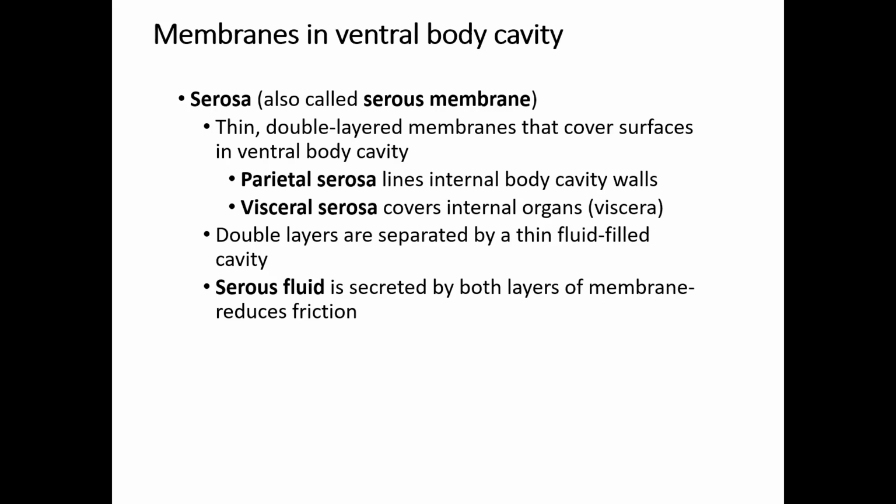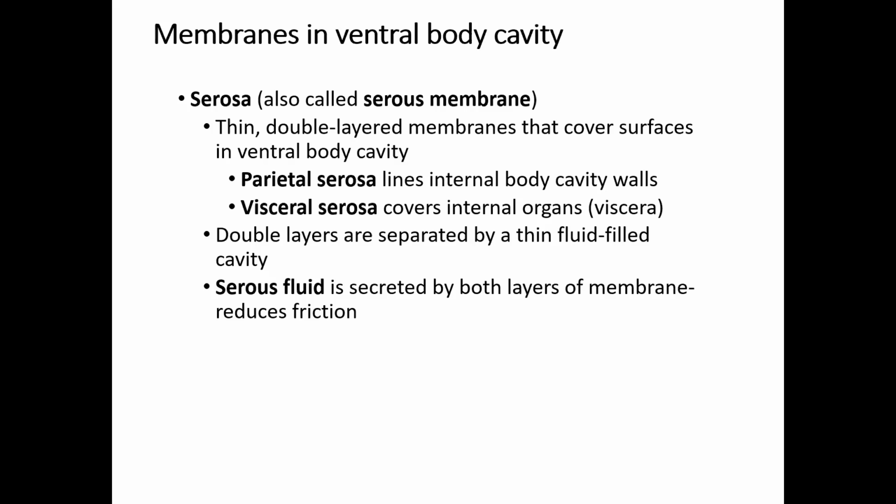Serous membrane cells look just like epithelial cells. They are probably stratified squamous. They are going to secrete a lot of fluid. They're going to have cells that look like goblet cells, only the fluid is serous fluid. We call these serous membranes.